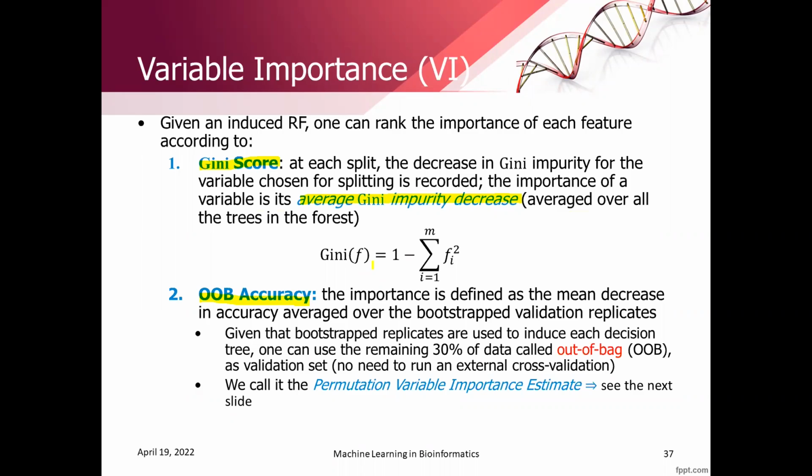And for a given attribute, at first we measure performance of the classifier, then we take the attribute and the values in the corresponding row of the matrix we randomly permute. And we measure the accuracy again. If the accuracy decreases after the permutation, this means this parameter was important. If the performance doesn't decrease after permuting, then maybe this attribute was not important for the decision. So this is the other method.